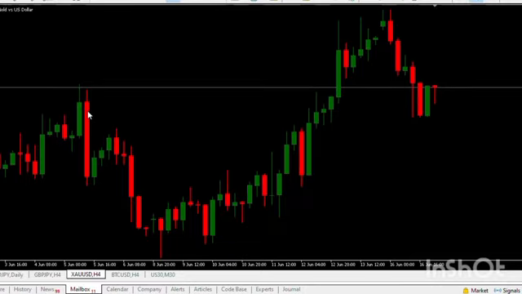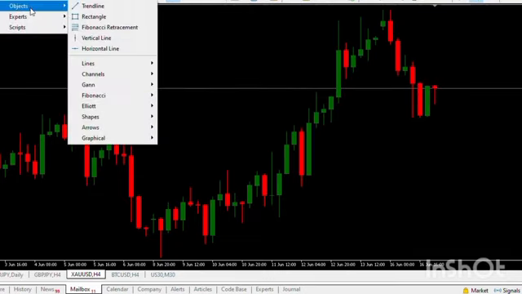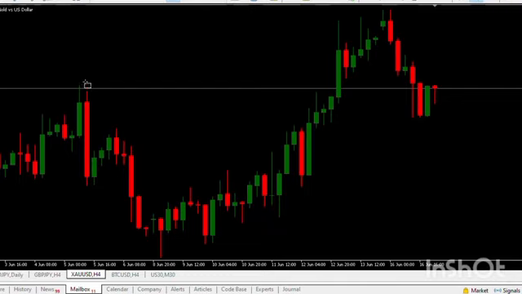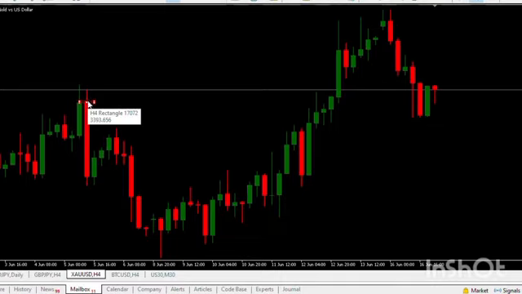An engulf candle. At this very point where my mouse is, this was where it opened. So the very point where it opened, this place where there is a rejection, and then there's a body.